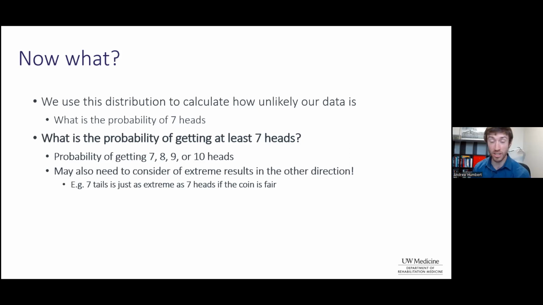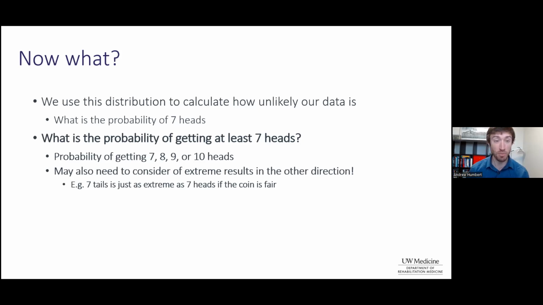It's also important to note that, to keep things a little more simple, I didn't do it in this example, but we often will also need to consider extreme results in the other direction. Again, that skeptic doesn't necessarily know if that treatment works or actually hurts people. As a scientist, we're hoping that treatment is helping people, but as a skeptic, that treatment could equally hurt somebody as well. So it's important to consider extreme events in both directions. So it's not just 7, 8, 9, or 10 heads.